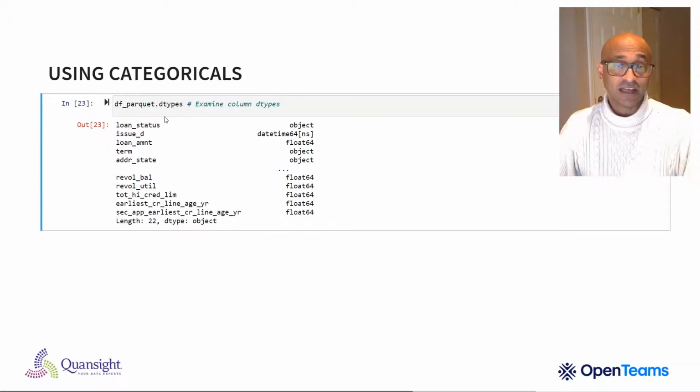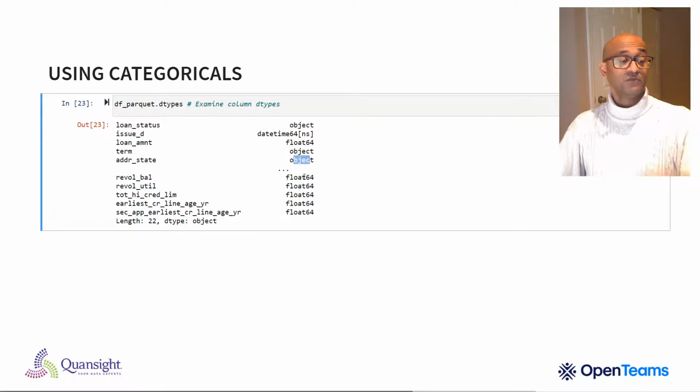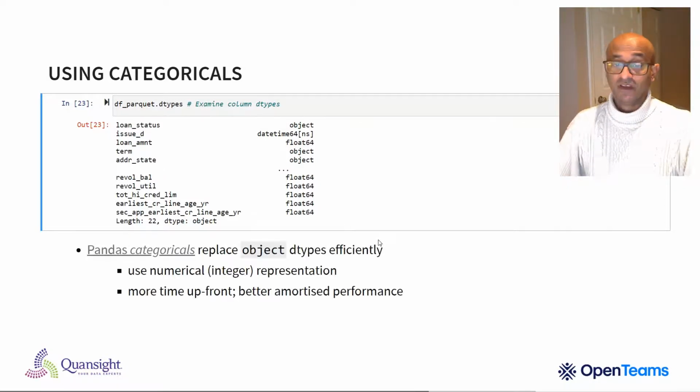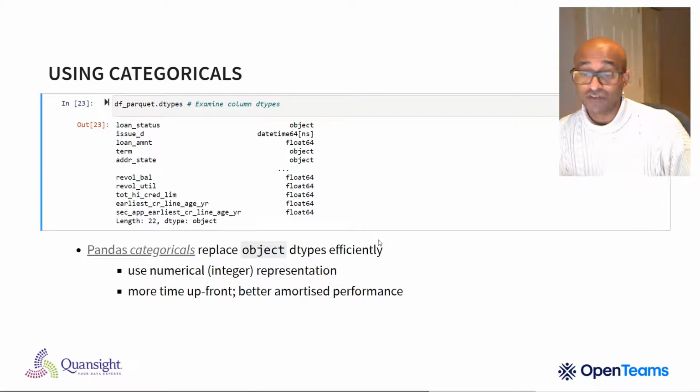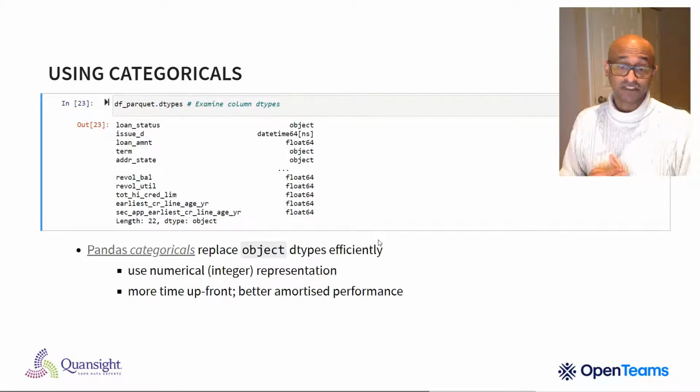But if we look at that Parquet Dask data frame that we have associated with the Parquet store, notice these columns are still being read as objects: the loan status, the term, the address state, and various others. So there's still more room for improvement. What we can do is use Pandas categoricals to replace these object dtypes efficiently.